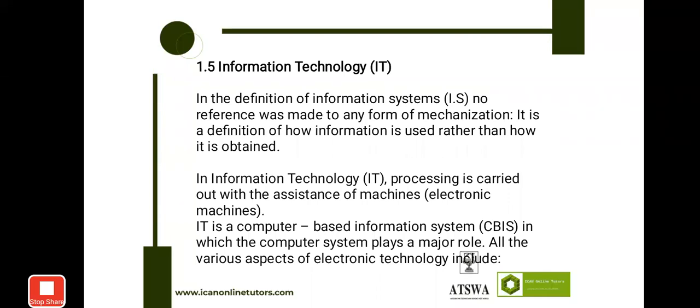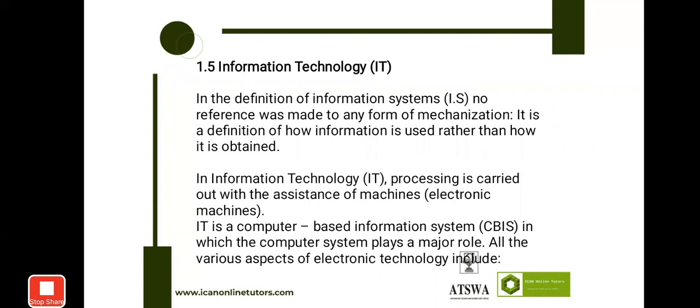In the definition of information systems, no reference was made to any form of mechanization. It is a definition of how information is used rather than how it is obtained. In information technology, processing is carried out with the assistance of machines, as electronic machines. So IT, that is information technology, has to do with processing, okay?